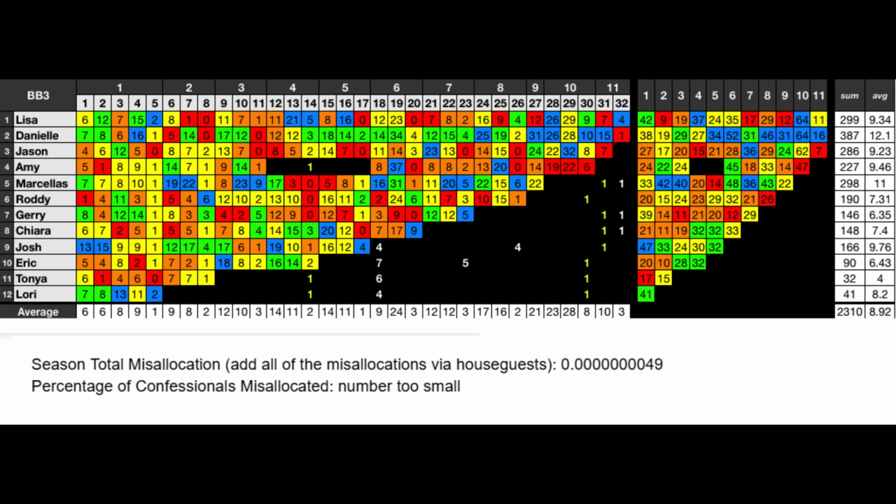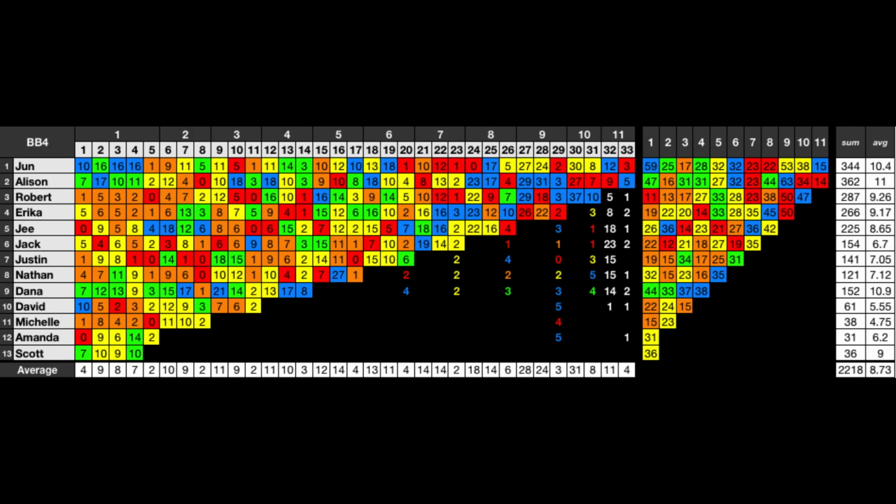Next is Big Brother 4, which has an overall confessional amount of 2,218, and the episode sum of the season is 254, where I added all the episodes that each contestant was in, causing for that number.